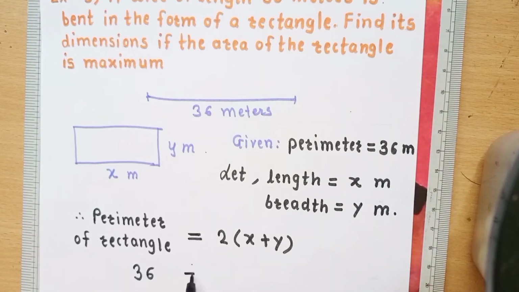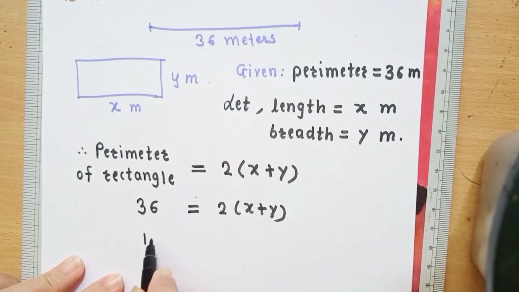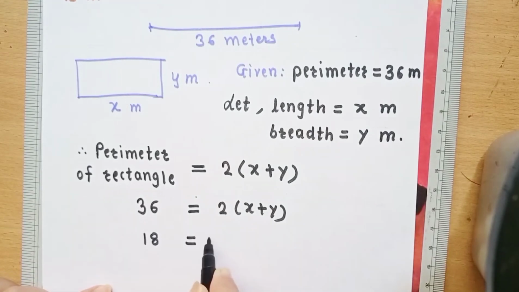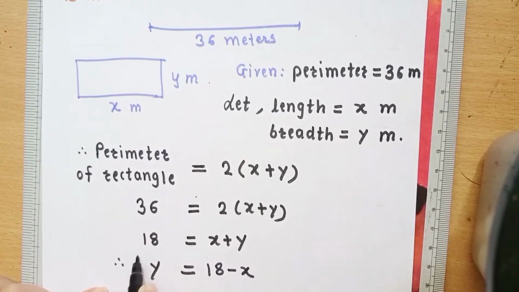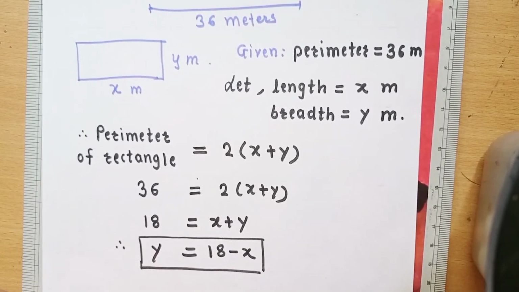Write down here 36 equals 2(x plus y). Now move this 2 here. So 36 upon 2 is 18, equal to x plus y, and therefore y is equal to 18 minus x, moving this x here. That means we have replaced y in terms of x.